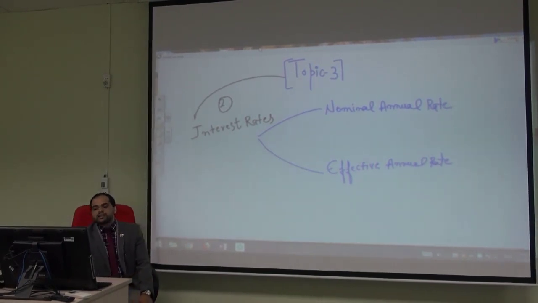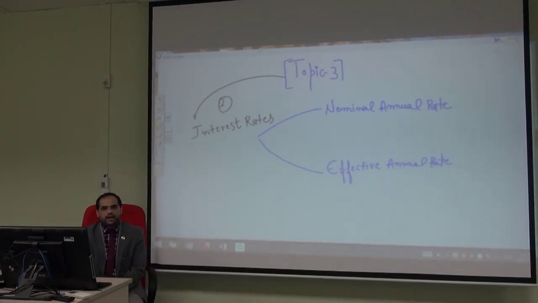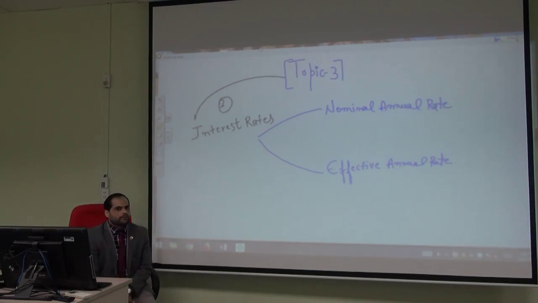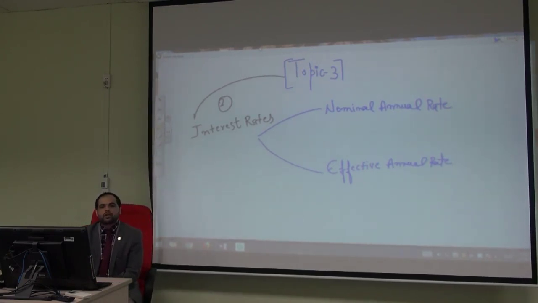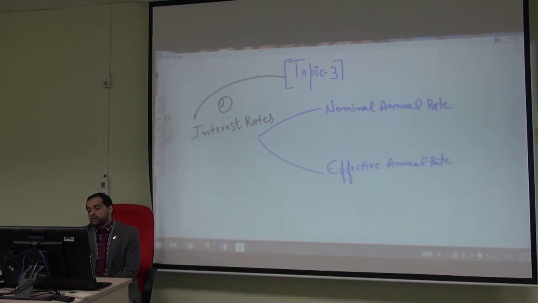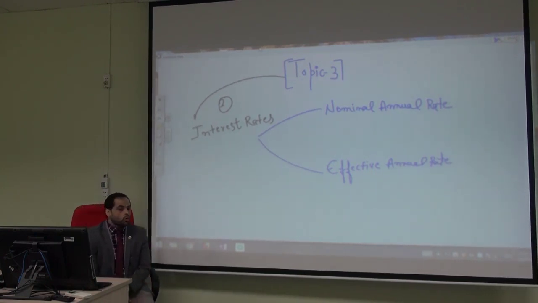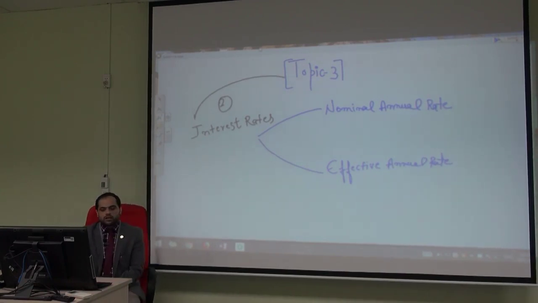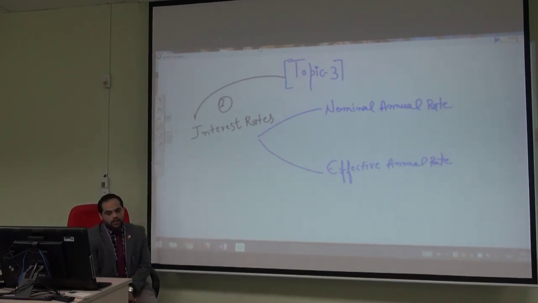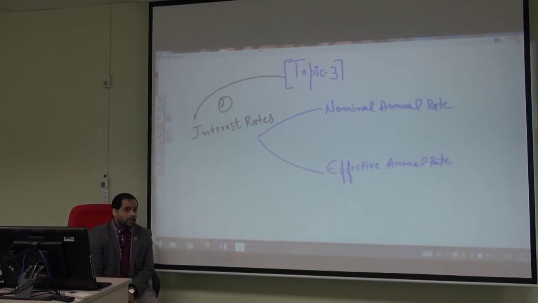So what does it mean, nominal annual rate? Nominal annual rate is the rate that a bank normally offers to a lender or borrower. Whenever a bank offers a rate of interest or rate of investment, it normally gives that rate annually for 1 year.